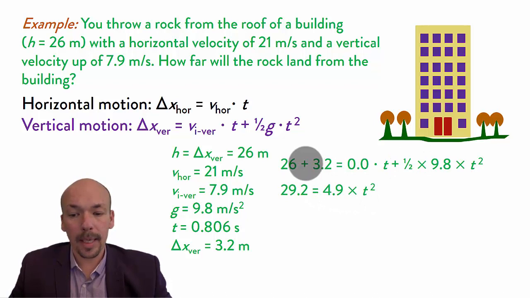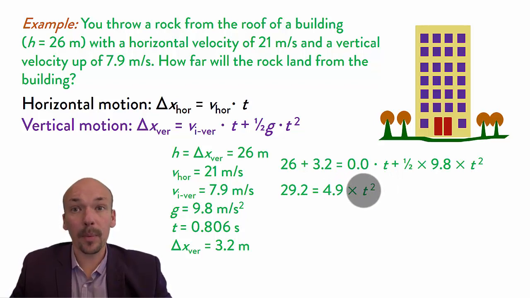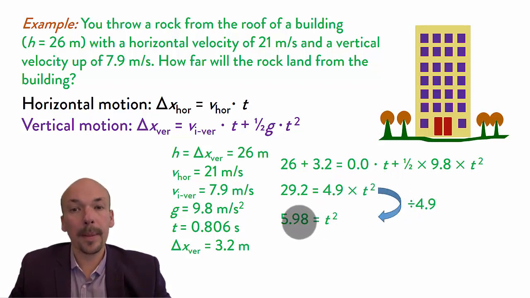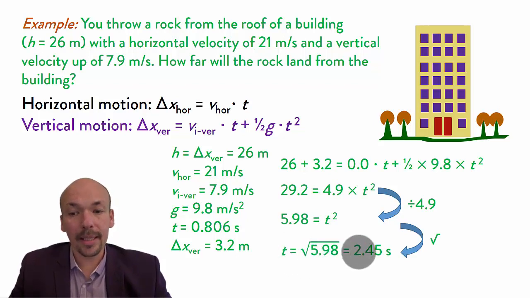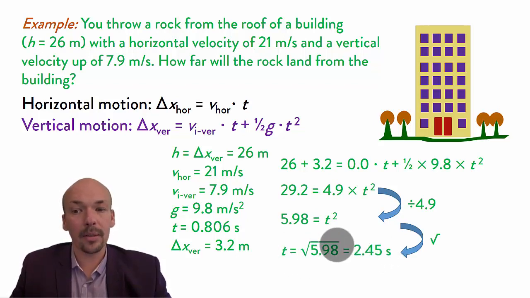This one added together is 29.2. These are discarded because 0 times the time is 0, plus a half times 9.8 is 4.9, and we have time squared. We divide by 4.9. And now we take the square root, so we now know that it takes 2.45 seconds to go from the highest point to the lowest point.